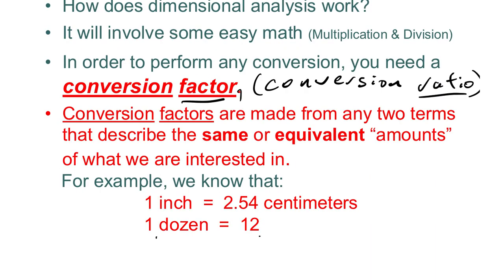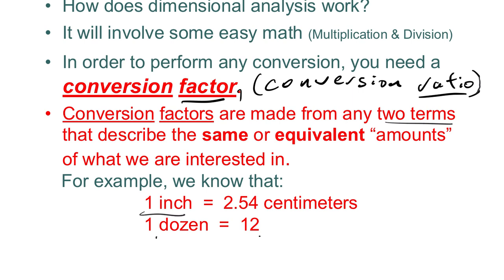Okay, in order to use dimensional analysis, you have to understand what a conversion factor is. One of the videos I had you see describes it as a conversion ratio. Basically a conversion factor is two terms that describe the same amount but with different units.